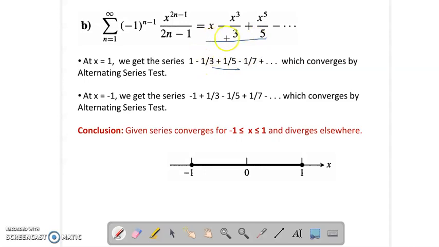For x is equals to minus 1, again this is the alternating series, which is basically the negative of the series you have here. So this again converges by alternating series test. So we conclude that the given series converges for these values of x. So basically the closed interval minus 1 to 1, and diverges elsewhere, right?